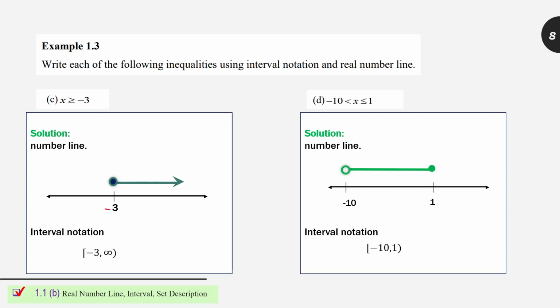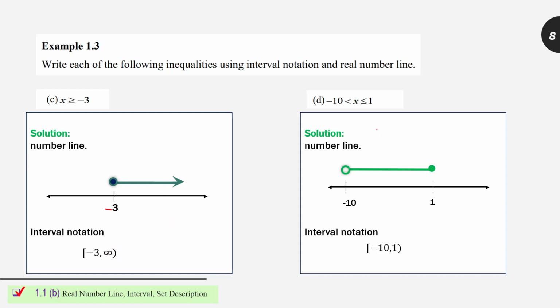What you need to do: this is negative 3, x greater than or equal to negative 3, so you have values greater than negative 3 and it's a solid dot over here, because of the equal. How we write it is starting from negative 3 and then until when? Until infinity.